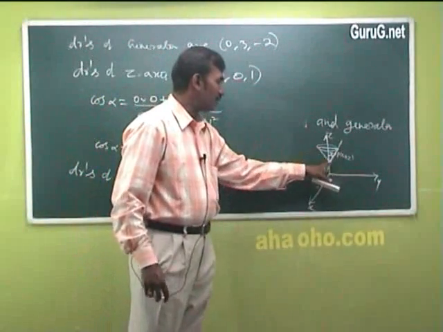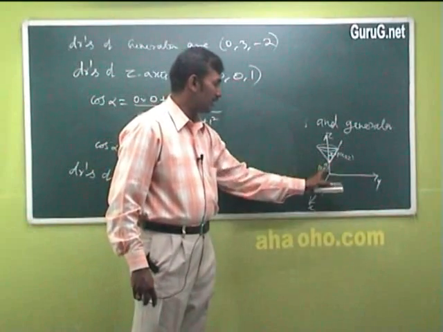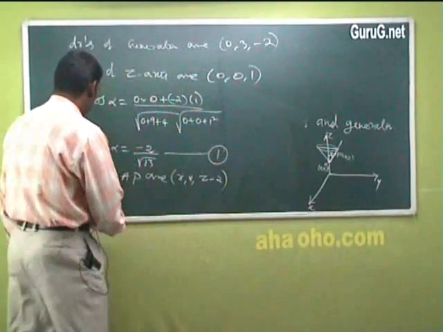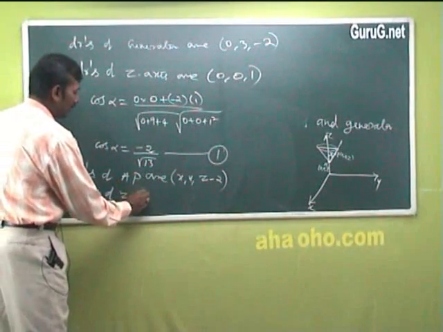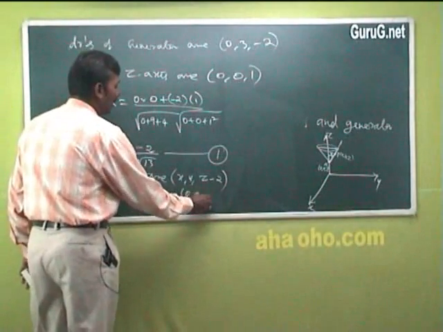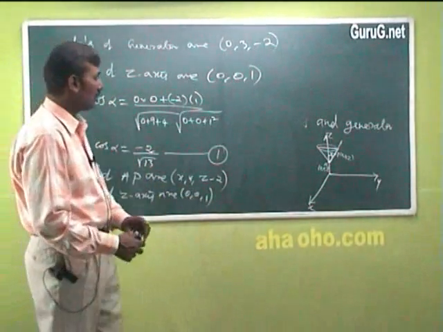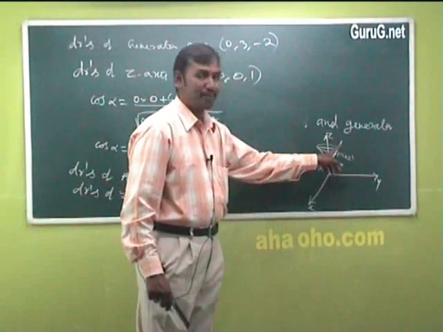If we know two points, we know the drs, right? x minus 0, y minus 0, then z minus 2. Then the drs of z axis are 0, 0, 1. Again cos alpha, this alpha is nothing but the angle between the z axis and AP, right?